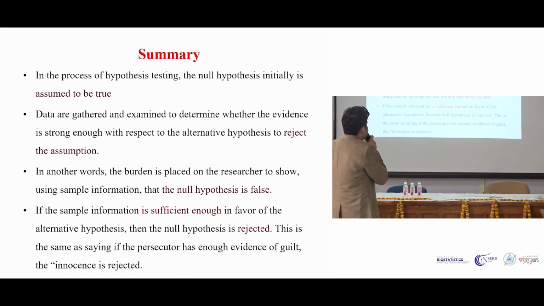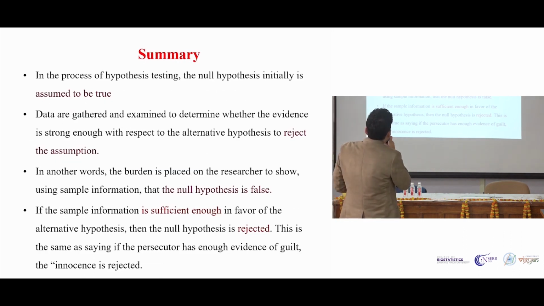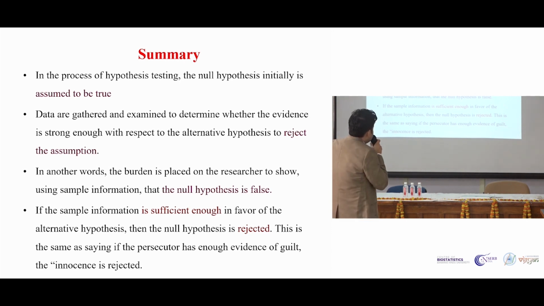So in summary, in any type of hypothesis testing, we are doing the following steps. First, in the process of hypothesis testing, the null hypothesis is initially assumed to be true. Second, data are gathered and examined to determine whether the evidence is strong enough, with respect to the alternative hypothesis, to reject the null hypothesis. You have framed the null hypothesis, you have collected the data, and you are examining whether you have strong evidence against this H naught.